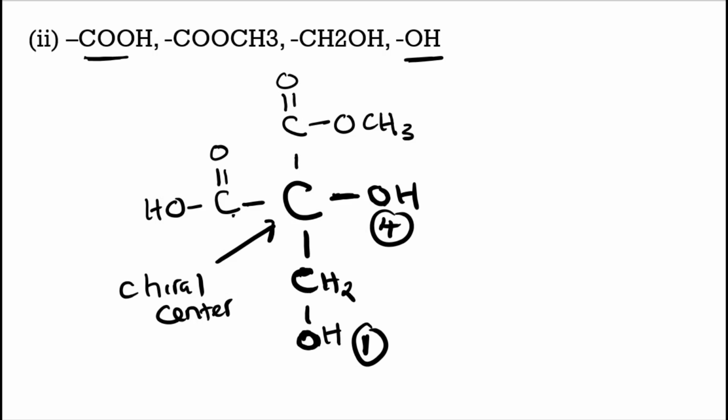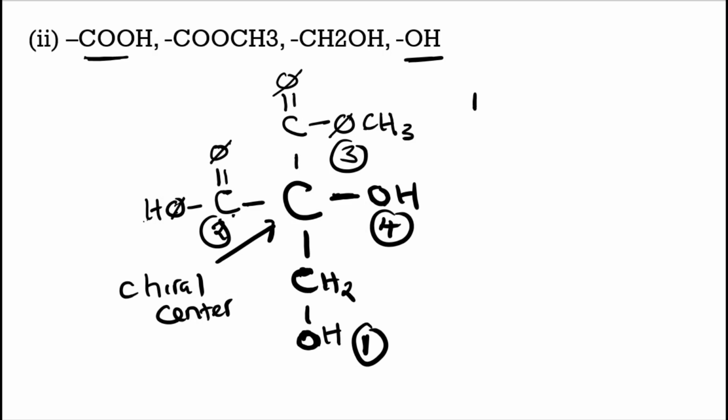Let's now compare this carbon and this carbon. This carbon here is attached to this oxygen, whilst this carbon is also attached to this oxygen. So they tie. Looking at the other atoms, this carbon is attached to a carbon here, whilst this other one is only attached to hydrogen. So the carbon is higher than the hydrogen. This one becomes number 2, and this one becomes number 3.